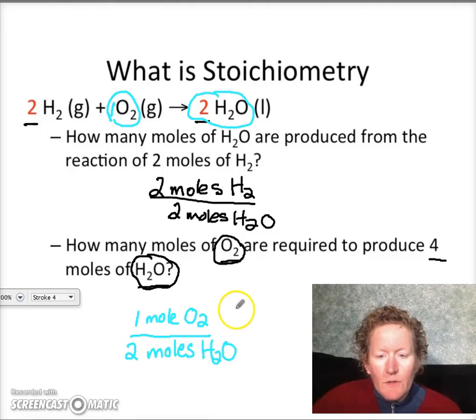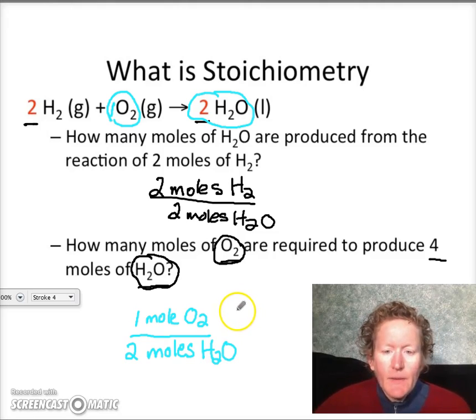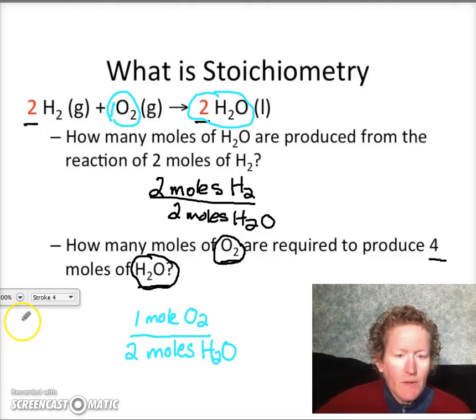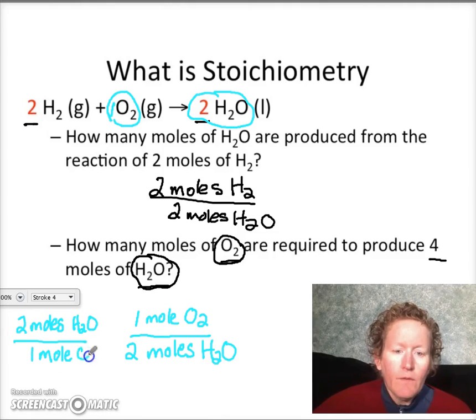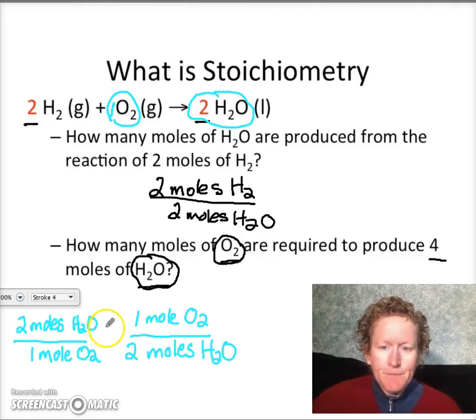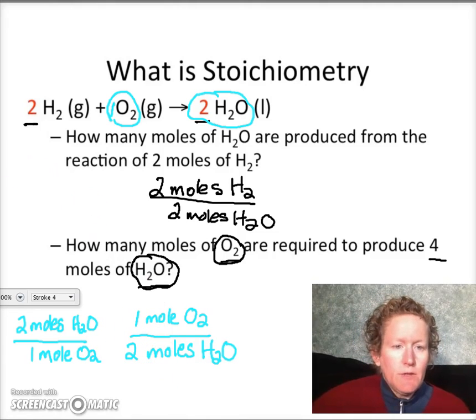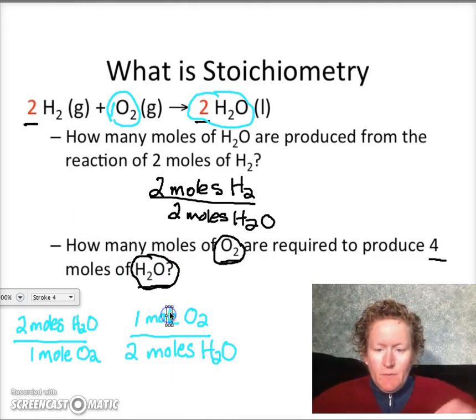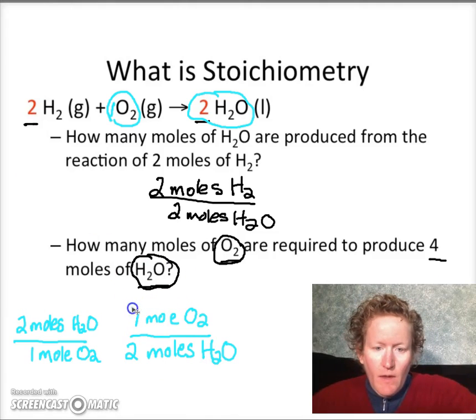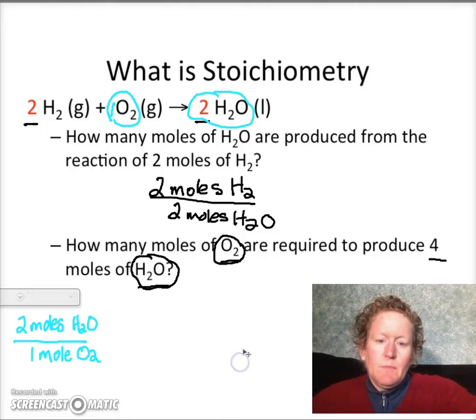But usually we put what we want on top, so we could write it 2 moles of H2O to 1 mole of O2. And if we want 4 moles of H2O, I'm going to erase this to make a little bit more room here.